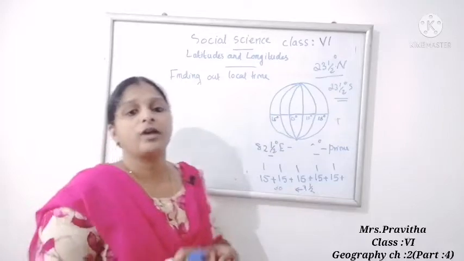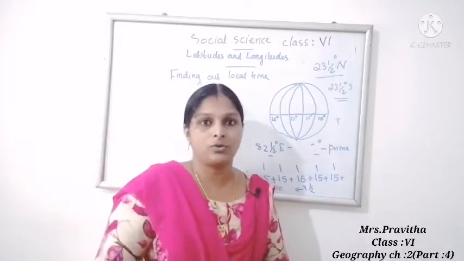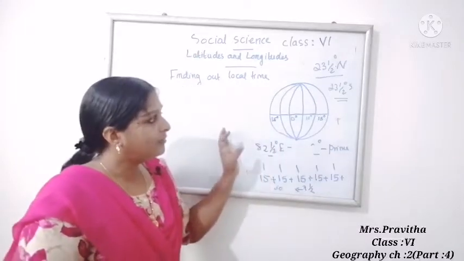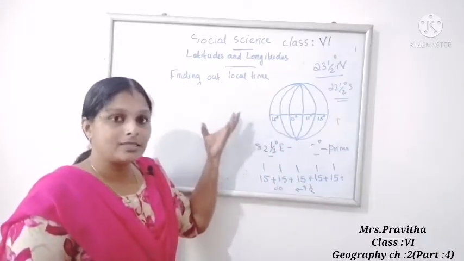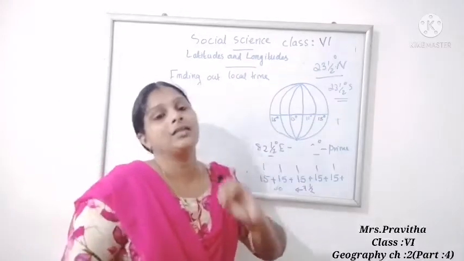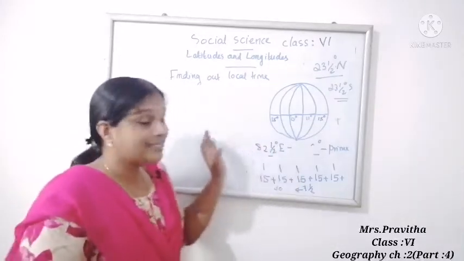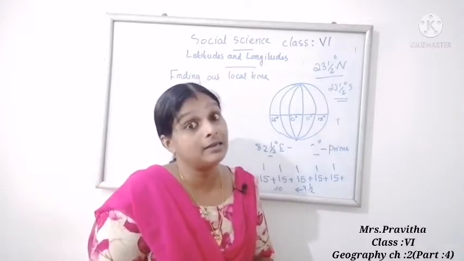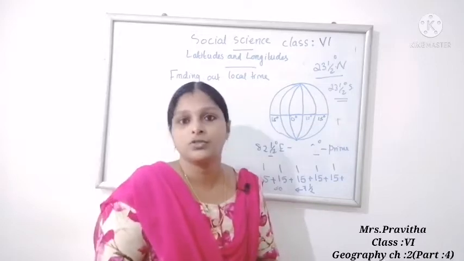So such countries have multiple time zones. Based on the longitude they select, the time is calculated. This means that in such countries, the same country can have different times, because they are following multiple time zones. Understood, children?